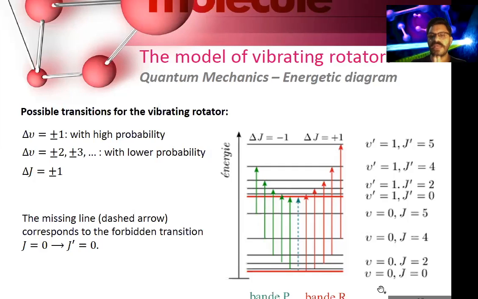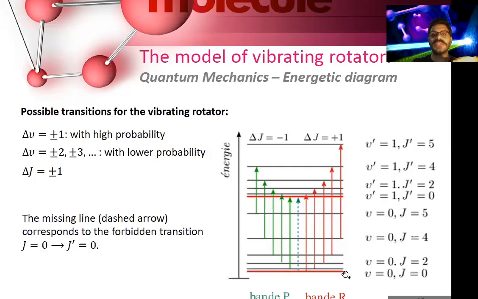And this is where I really need you to be neat. Okay, so the red lines correspond to the rows in your class. This is the level of vibrational energy, V equals 0 and then V equals 1.